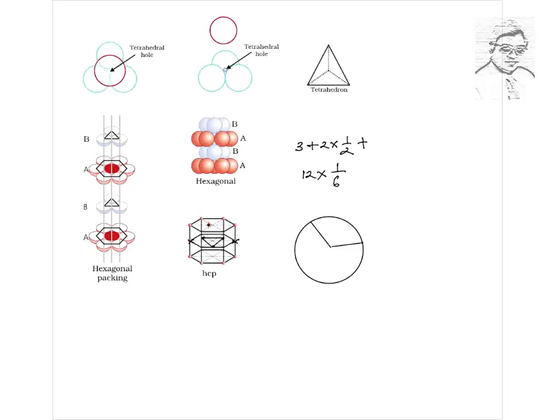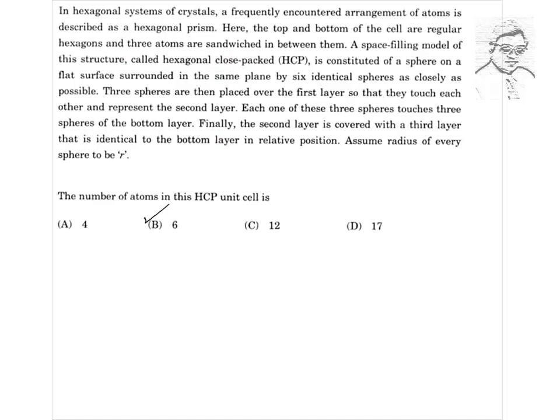Here, height is also not known. That makes it even more challenging. We are only given the radius of the sphere. That's it. But the good thing is that spheres are all identical, each having radius r.